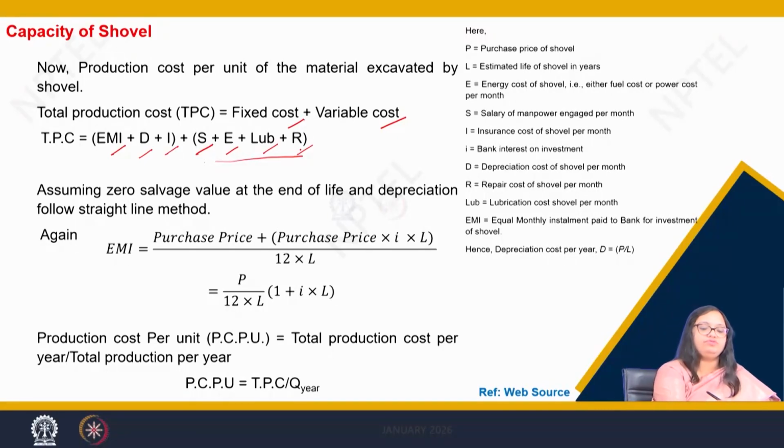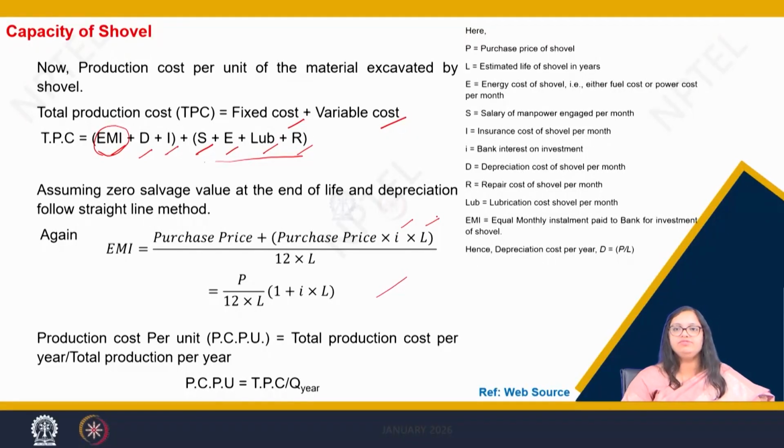Now, how do we find this value EMI that is accounted in the fixed cost? Let us say we assume 0 salvage value at the end of the life and depreciation follows the straight line method, then we get the EMI as purchase price plus purchase price multiplied by the interest multiplied by the estimated life of the shovel, divided by 12 multiplied by the estimated life of the shovel, which gives me the EMI in terms of months.